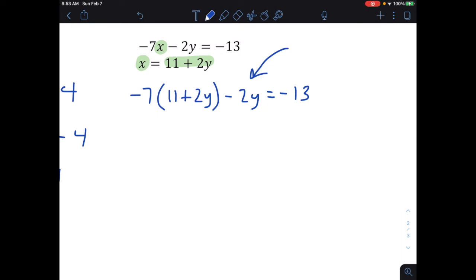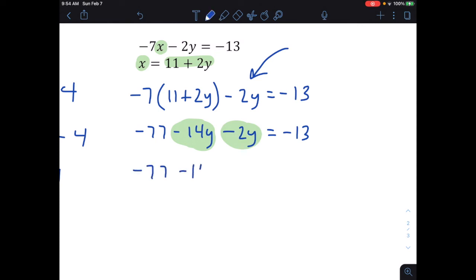So we have distribute, so we get negative 77 minus 14y minus 2y equals negative 13. Wow, everything's negative. We need a little more positivity in our lives. Okay, so I'm going to combine those two things. Negative 77 minus 16y equals negative 13.